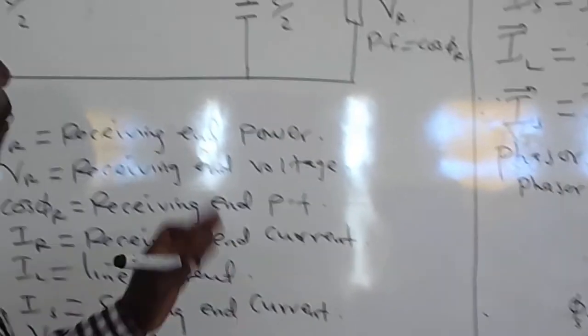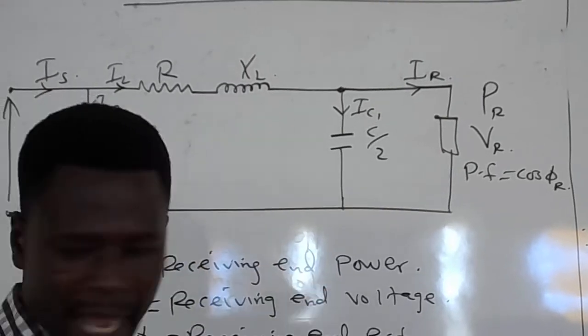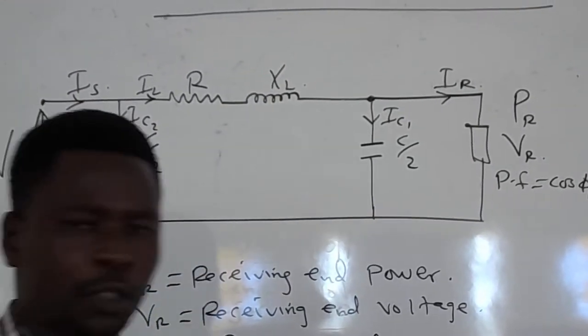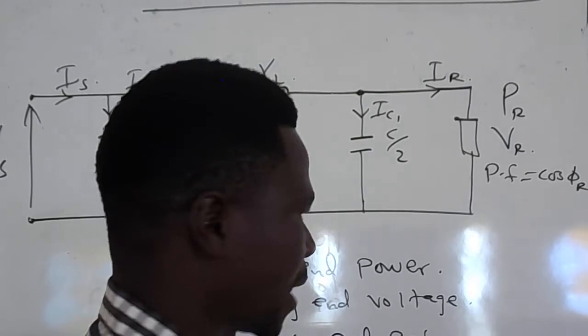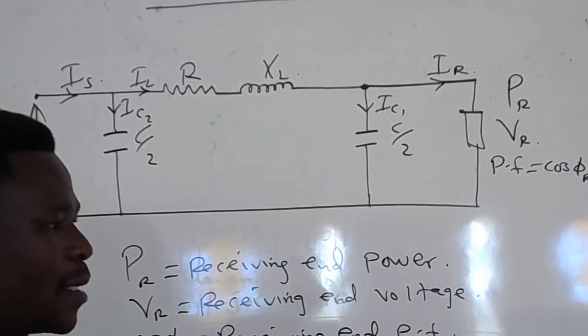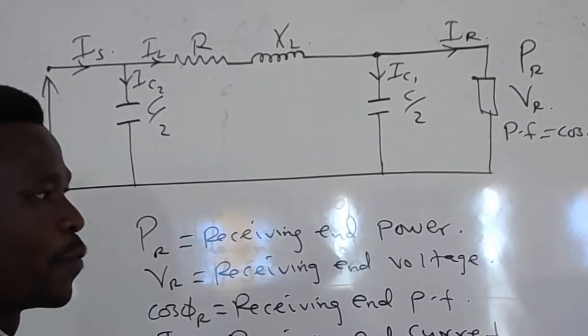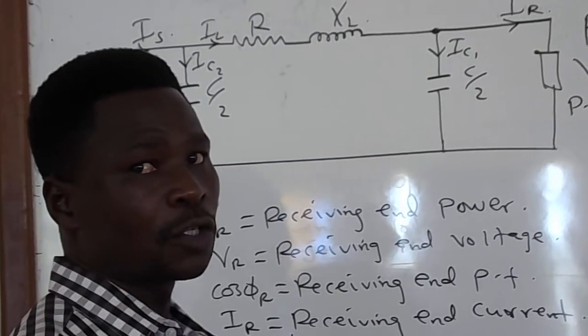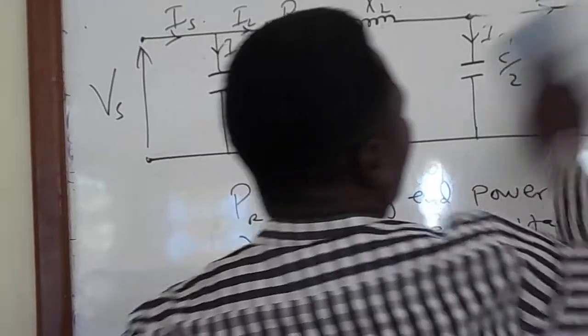Now, from the nominal pi method, there are also some parameters that we may be asked to get. One of them is the receiving end power, and the sending end power. We may have it for a single phase, and also for a three-phase.